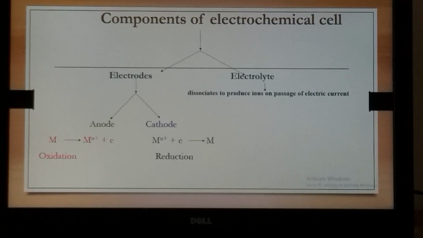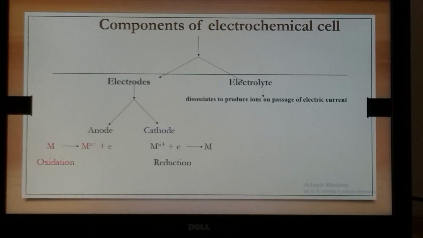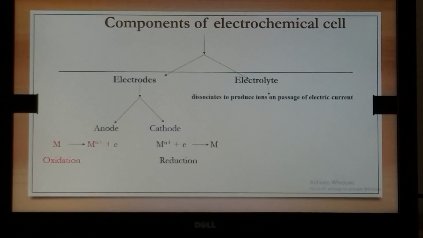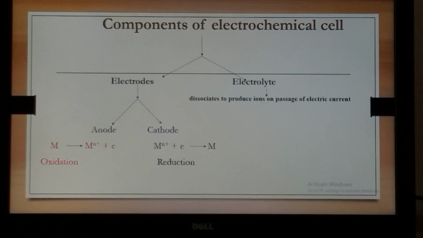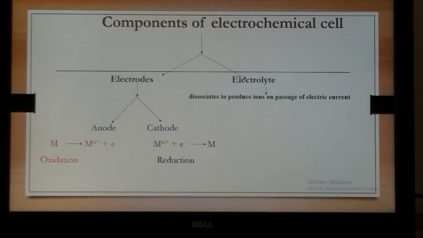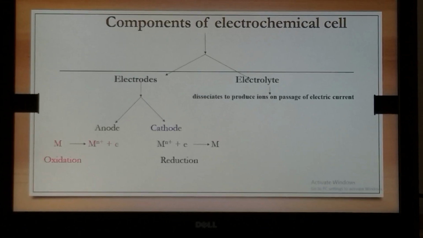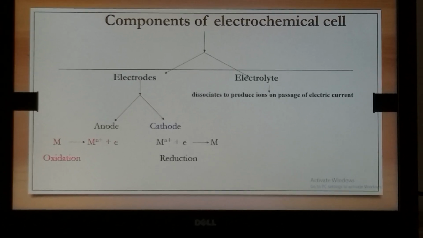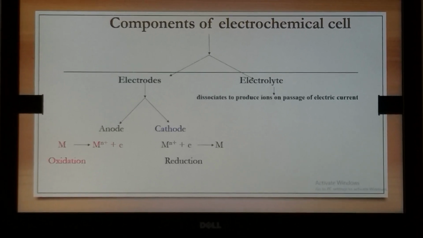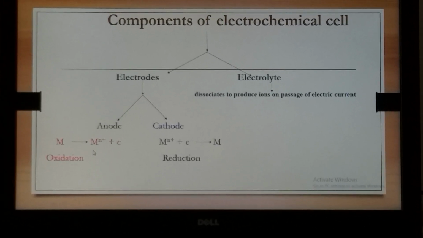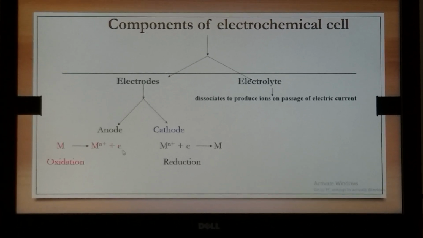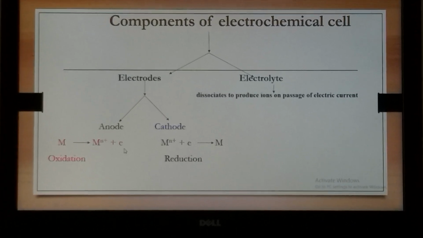These electrodes can be further divided into anode and cathode. The anode is the electrode where oxidation takes place, and the cathode is the electrode where reduction takes place, irrespective of the type of cell. In the oxidation reaction, the electrons are liberated, or it is the loss of electrons.